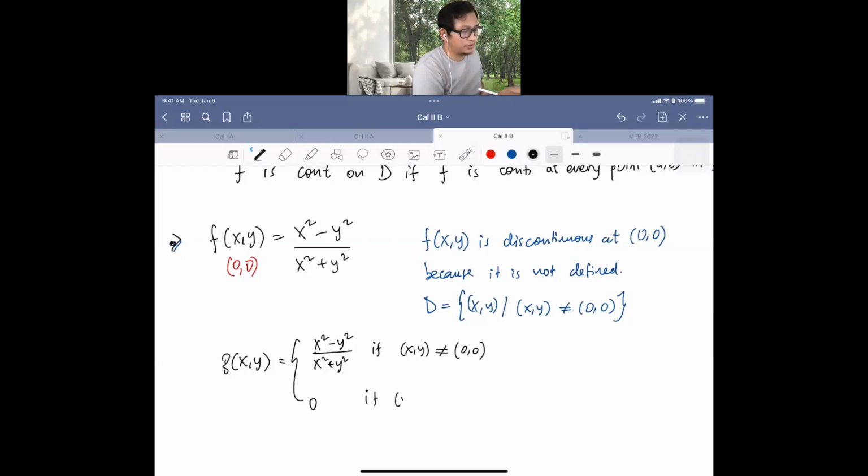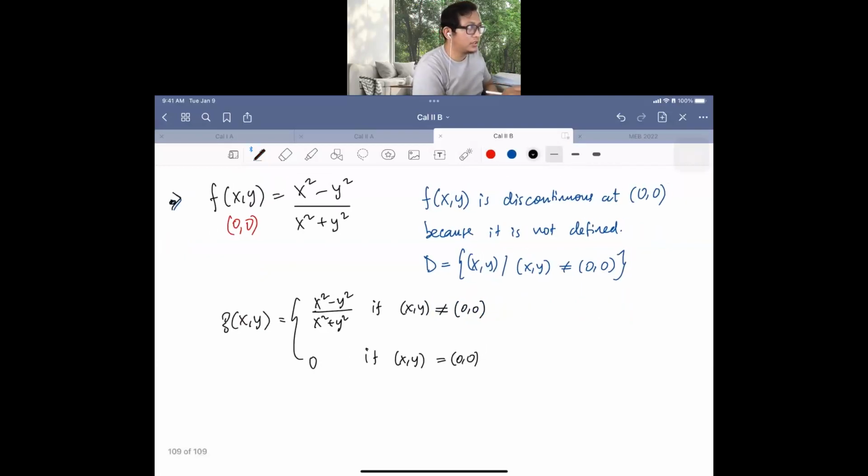With this piecewise addition, g is defined at 0, 0.